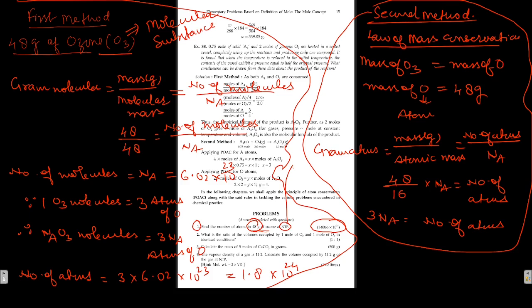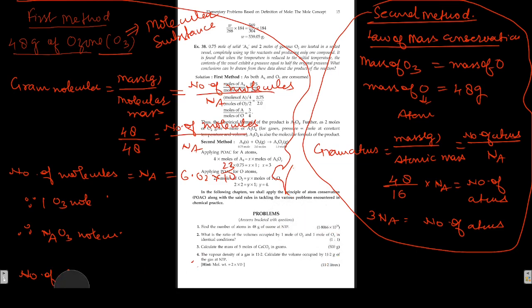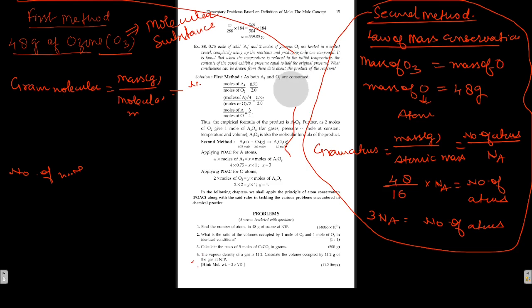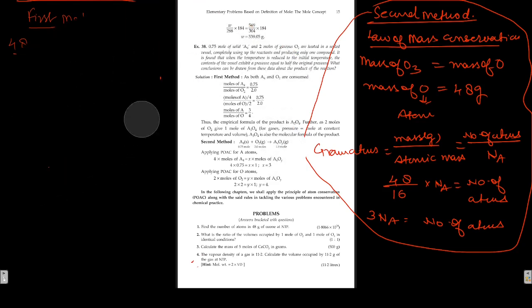I'm rubbing this part again because I have to apply the third method to solve this question. We have to build up the concepts. The question may be a little small or a little big, but finally what we have to do is build up our concepts.